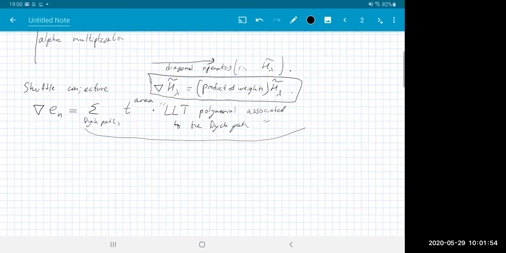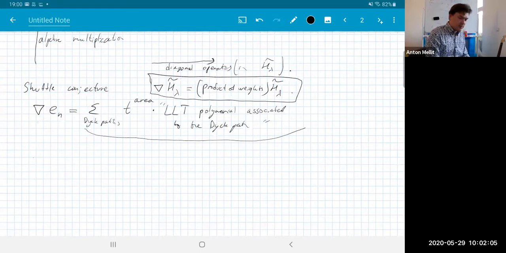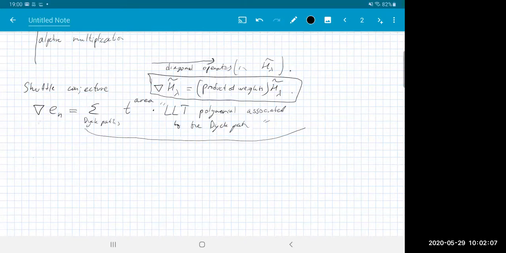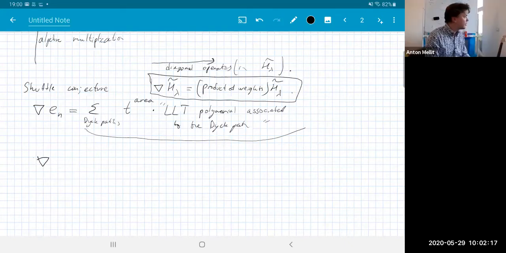Anton, is there a conjecture when you replace En by an arbitrary Schur polynomial in terms of Dyck paths and things like that? If you replace nabla, no, En, by other Schur polynomials. Right.